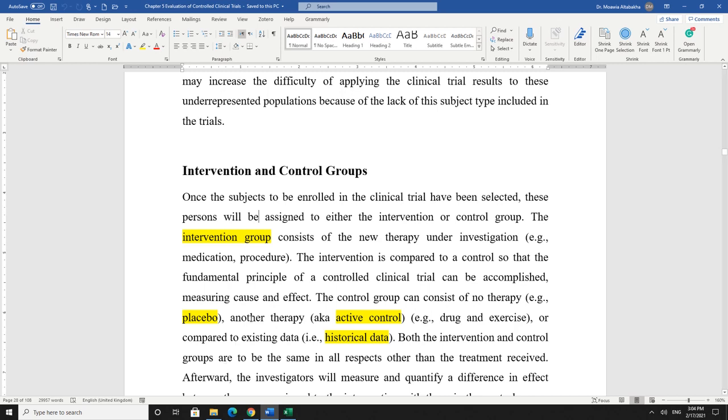So in addition to the intervention group, which consists of the investigational therapy, you have a control group, and this control group can have either no therapy, meaning placebo, or it can have another therapy, also known as active control, which can be a drug, exercise, lifestyle, or something else.